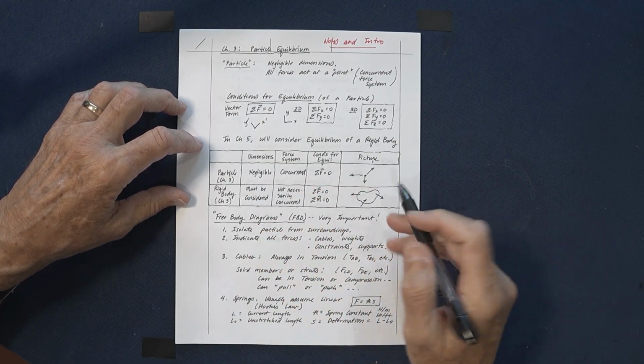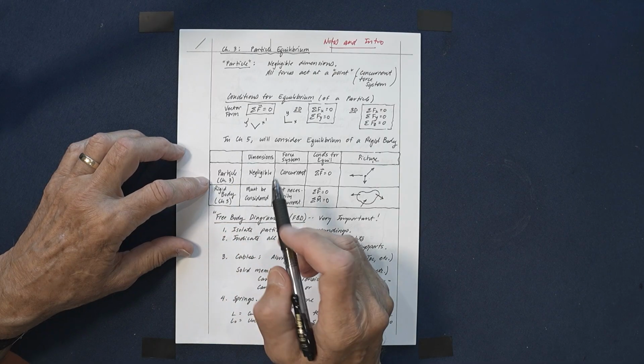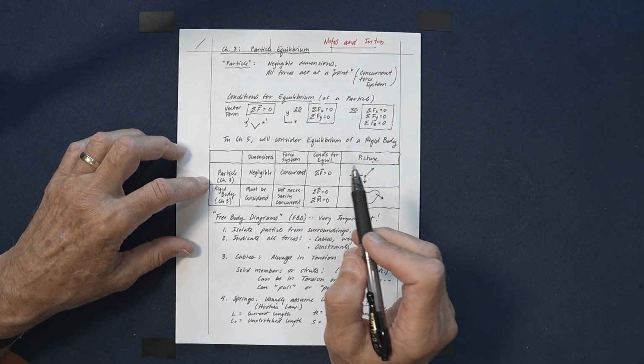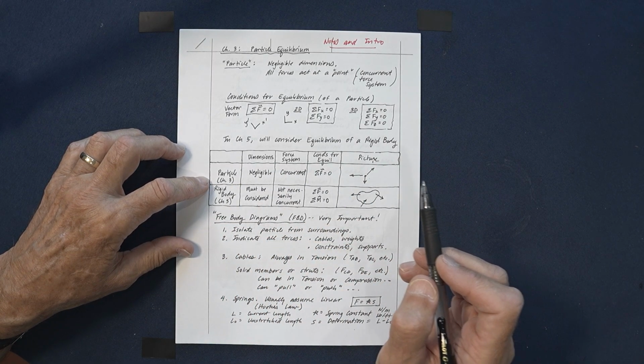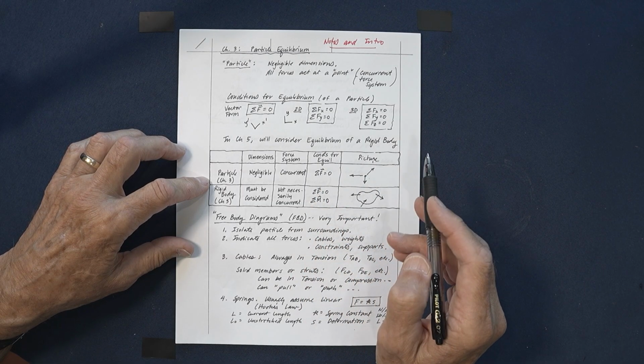Just contrasting these things: right now we're in chapter 3, which is particle equilibrium, negligible dimensions, a concurrent force system, and conditions for equilibrium where we're just summing forces equal to 0.